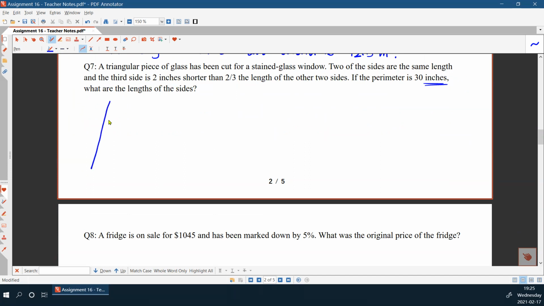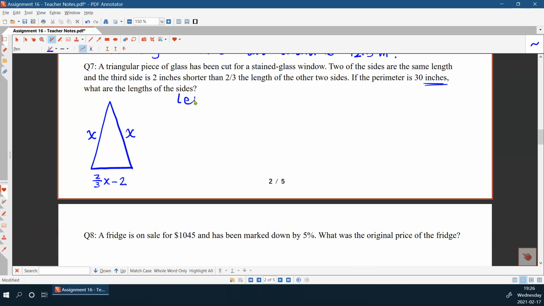So here we have a triangle, right? Two of the sides are of the same length, but we don't know the exact length, right? So we can use a letter X to denote the length of either side. And the third one is 2 inches shorter than 2/3 of X. So this means the third side is 2/3 times X minus 2, right?